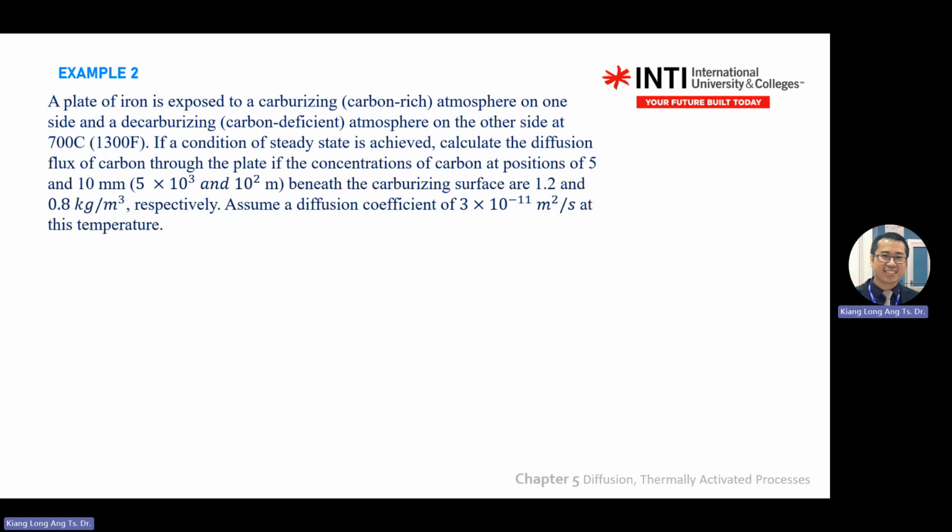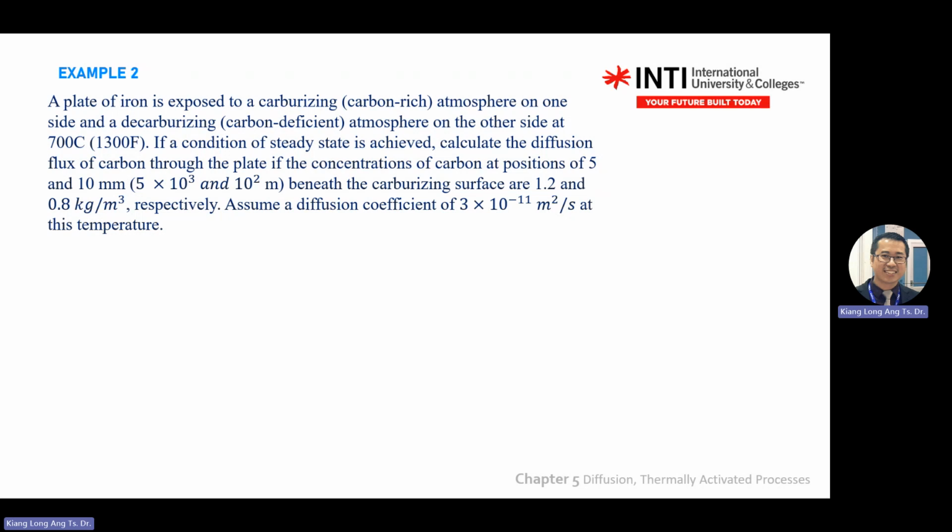Through the plate, if concentration of carbon at position of 5 mm and 10 mm, of course, you won't see the bracket in the exam. This is just for the info for tutorial. Beneath the carburized surface are 1.2 and 0.8 kilogram per cubic meter respectively. Assume diffusion coefficient is this value. He asks you to find what? Diffusion flux.